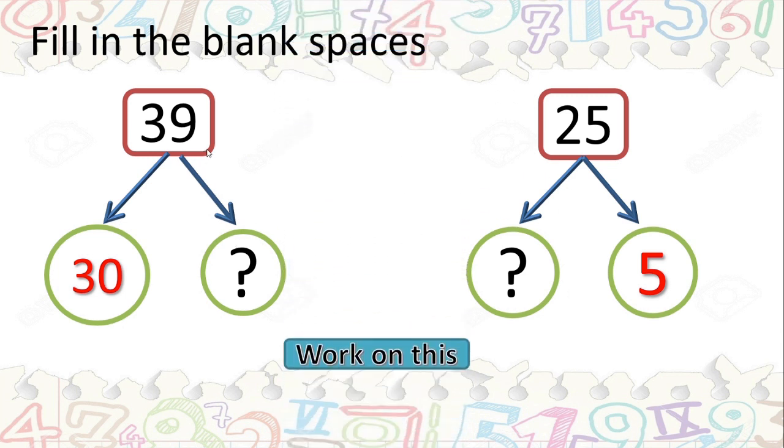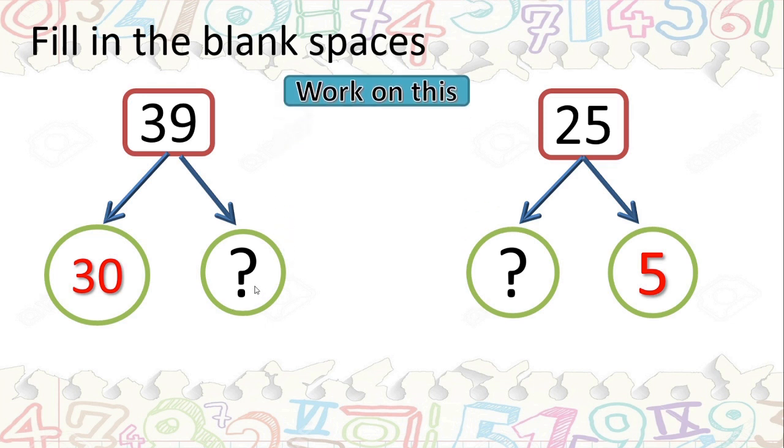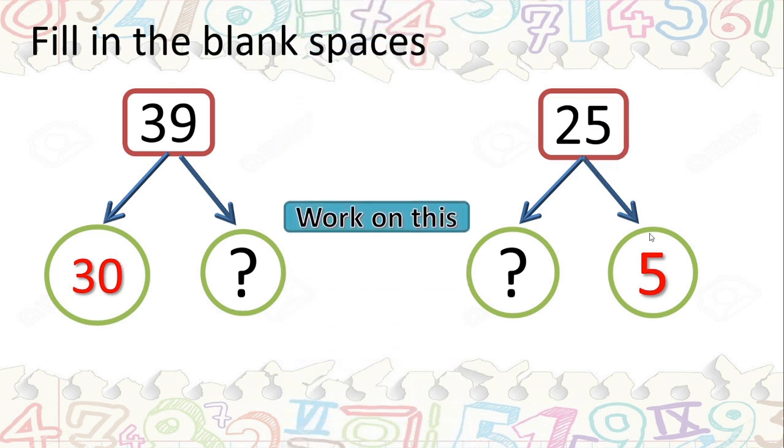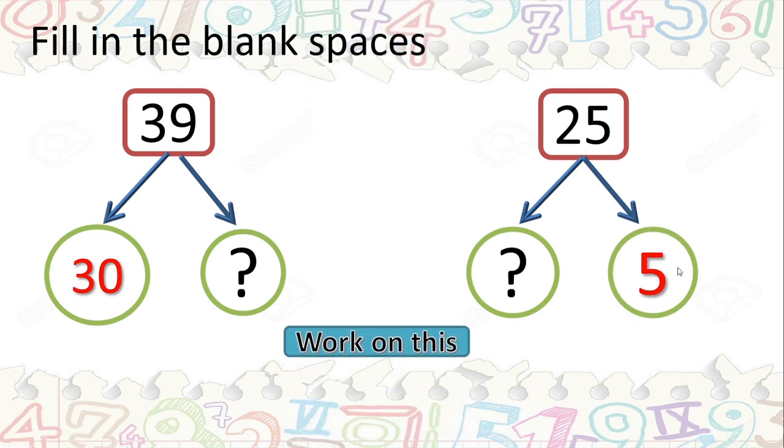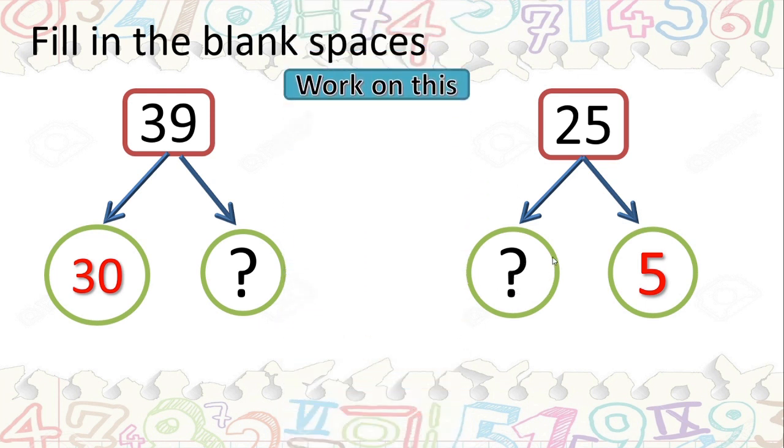Here the number 39 is given and the place value given here is 30 and the second circle has a question mark. Here the number 25 is given and 5 is given as the place value of the units place. You have to replace these question marks by proper answers. Okay.